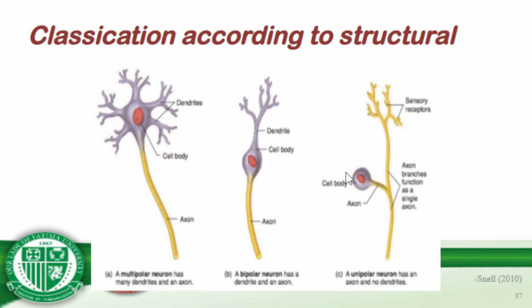Okay, kita niyo yung cell body, oh. Wala nang naka-attach sa kanya na dendrites. Axon lang. And then that axon will now divide para magkaroon ng subdivisions, no? Magkaroon ng sensory receptors, etc. Alright? So, yan yung classifications according to structure.